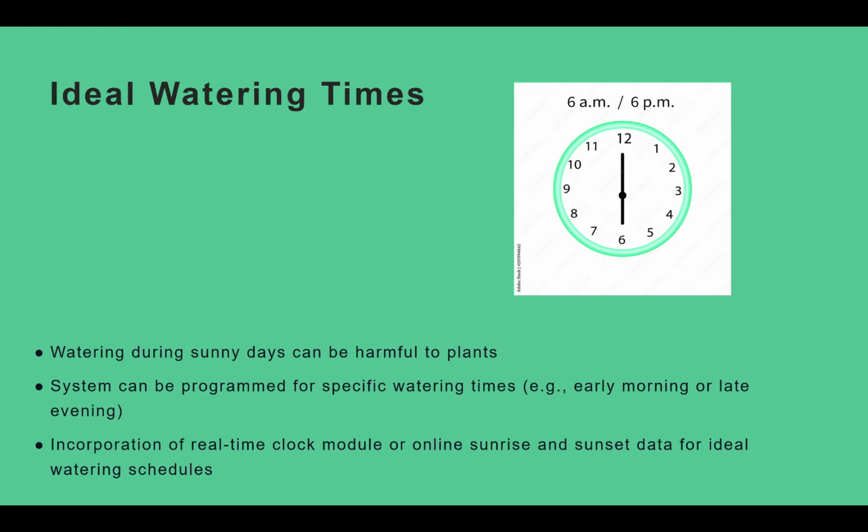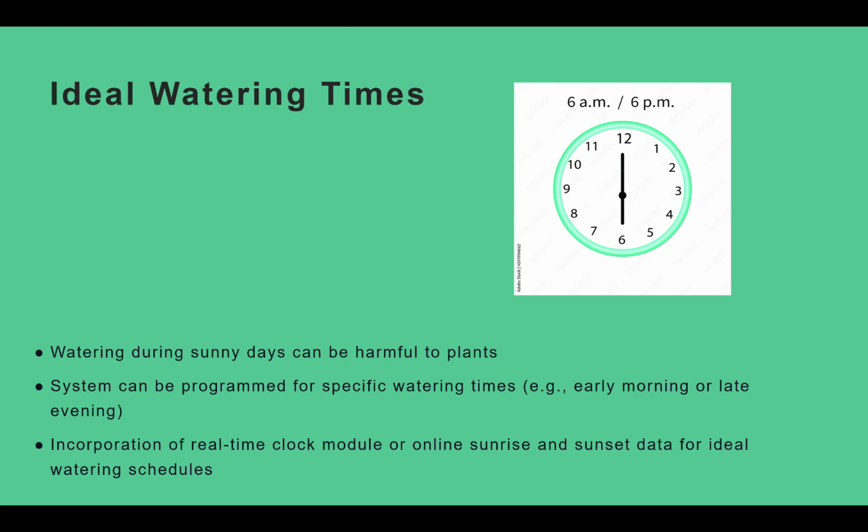After that, we go into the ideal watering times. As we all know, watering during sunny days can be harmful for plants, even when the soil moisture level is low.